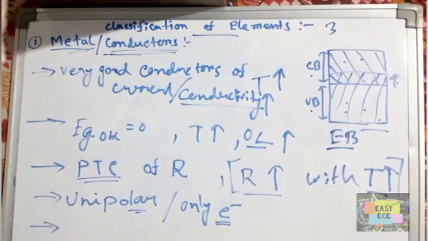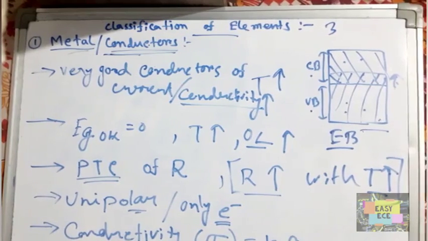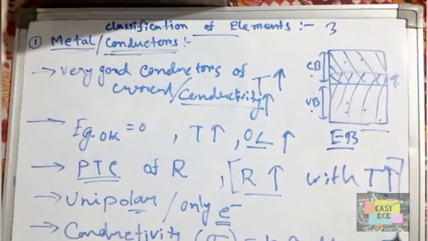Another point is the formula. What is the conductivity formula of a conductor? Conductivity of a conductor, we symbolize as sigma, equals N Q mu N, mho per centimeter.